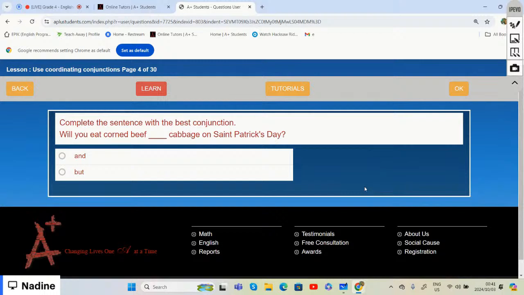Will you eat corned beef and cabbage on St. Patrick's Day? Or do we say option two, which is will you eat corned beef but cabbage on St. Patrick's Day? What is our correct coordinating conjunction? Is it option one, and, or option two, but?